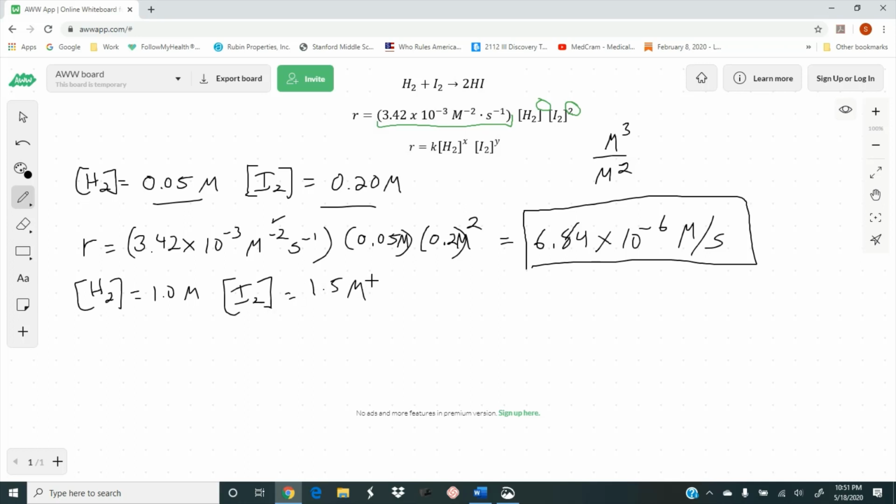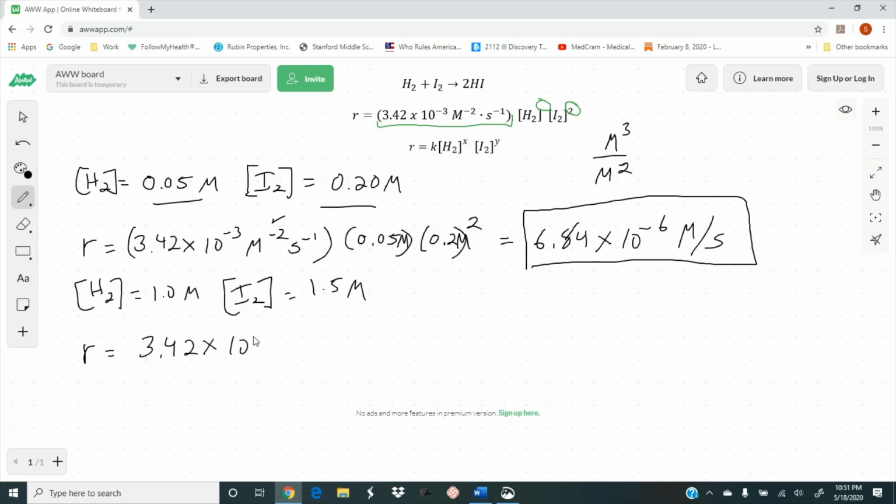So as you can see, they're substantially higher concentrations. Actually, H2 is like 20 times more concentrated, and I2 is 7.5 times more concentrated. So if you plug these numbers in, let's see what happens to our rate. R is equal to, the rate constant is just that, it's constant, always the same.